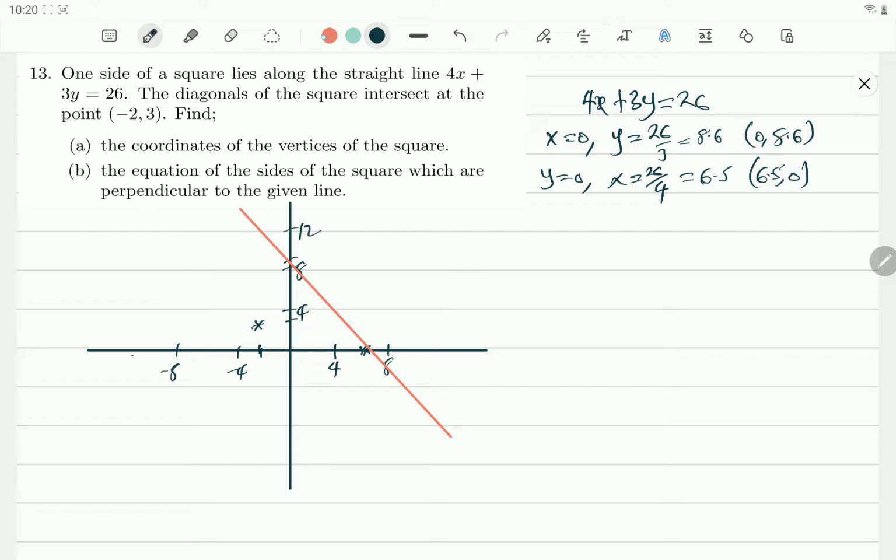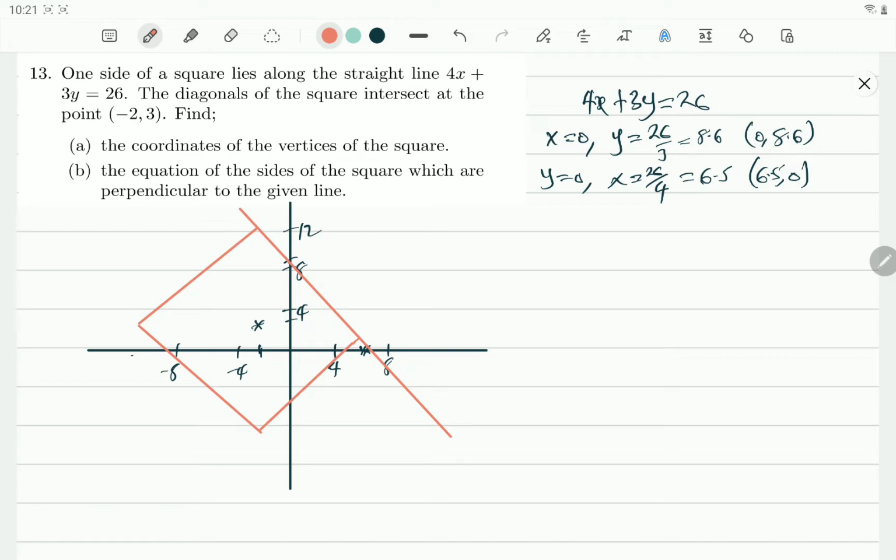I'm going to try and draw a square around this point such that this point is in the middle of the square, because the diagonals intersect at that point. That means that point is the middle of the square. So I would have something like this, and something like this, and also something like this.